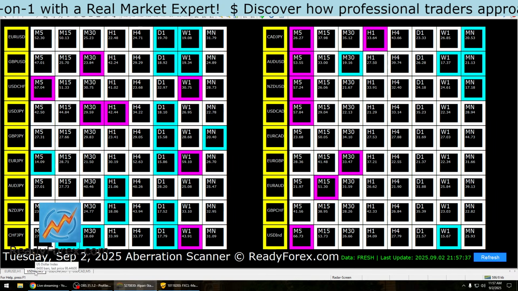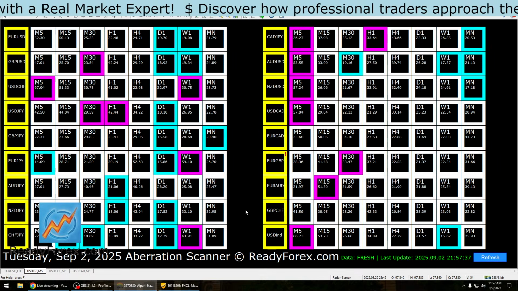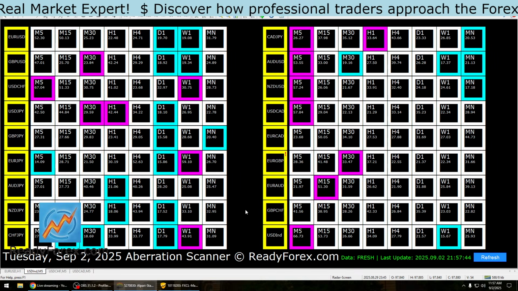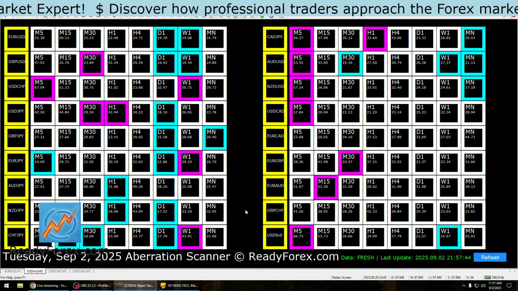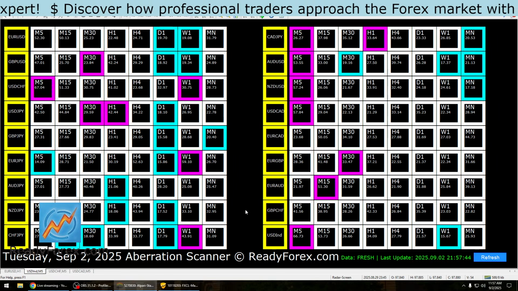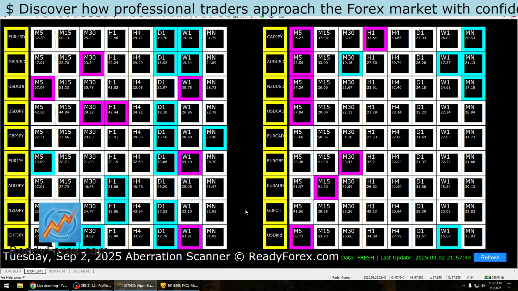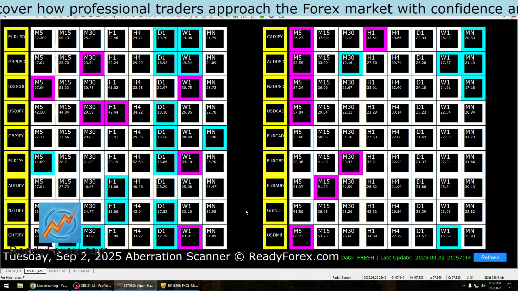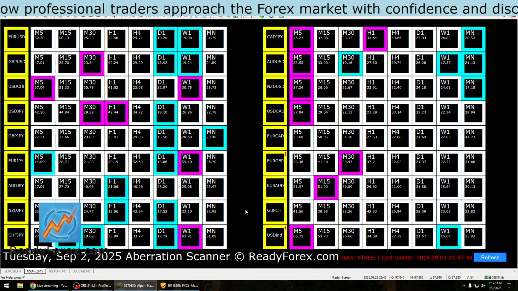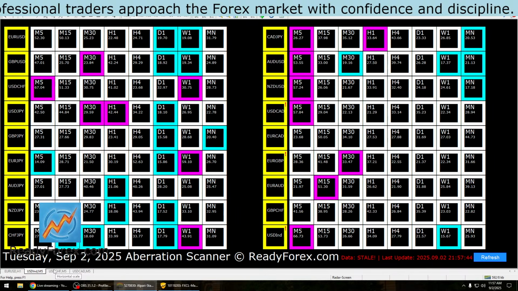Let's check out what's going on with the aberration scanner. It seems to me the Aussie dollar is trying to show us some aberration over here in the 30 minutes chart.